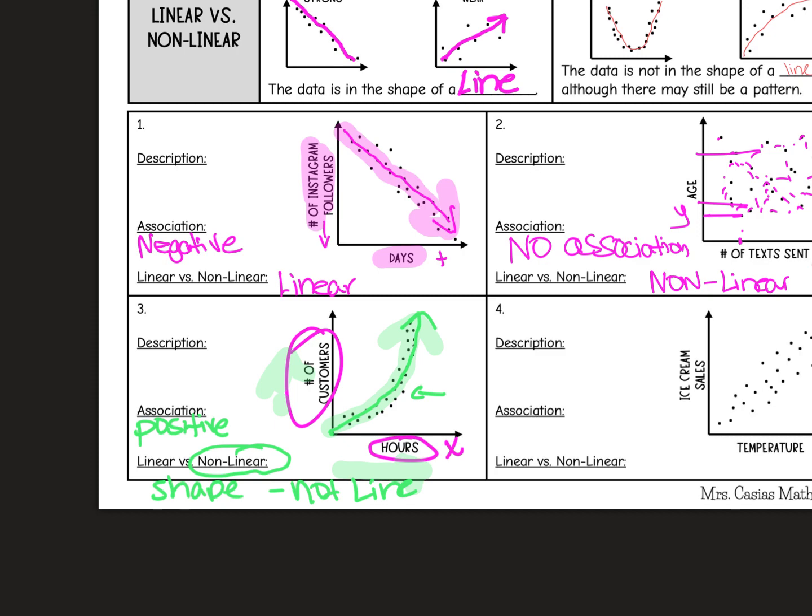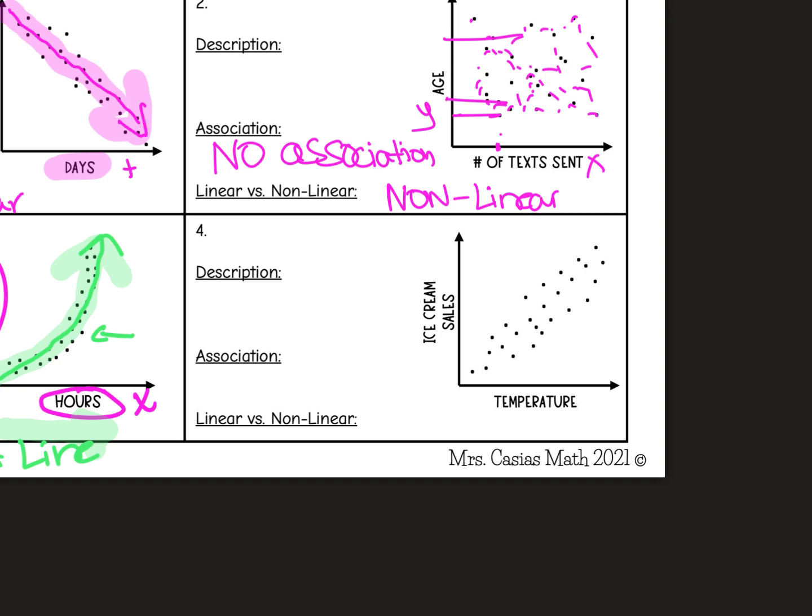Now let's look at the next one, our final. Here are our ice cream sales and our temperature. As the temperature is increasing, what is happening to our ice cream sales? Do we see a relationship? Well, as the temperature is increasing, it is trending, it is increasing. So here I have yet another positive association.